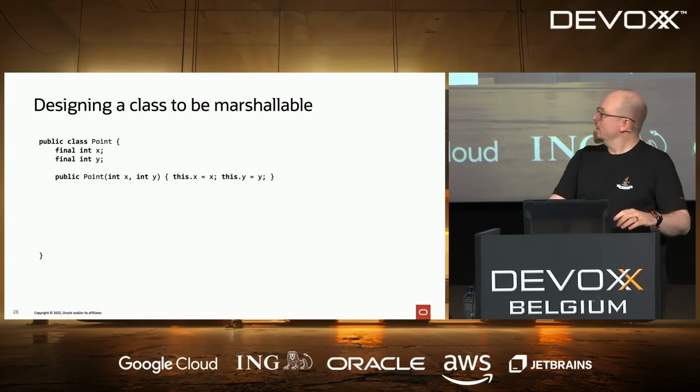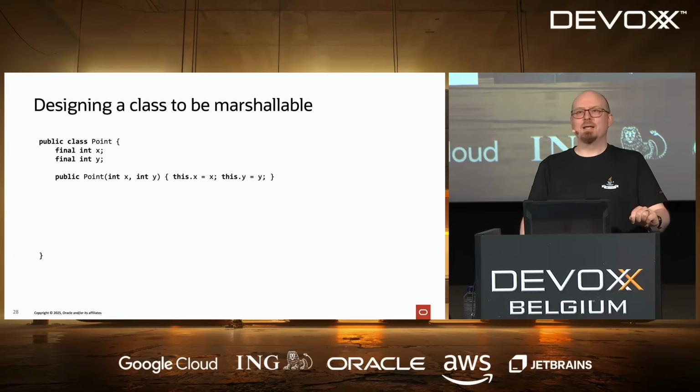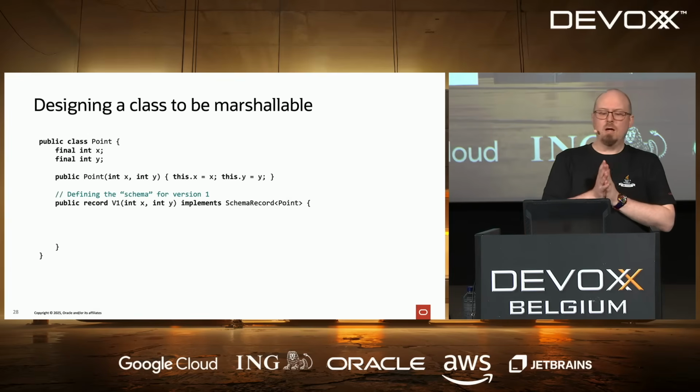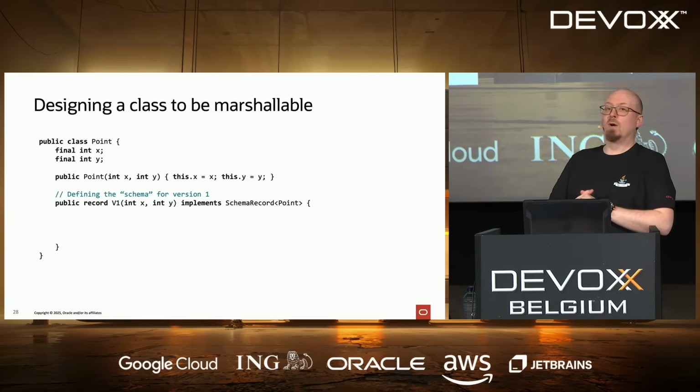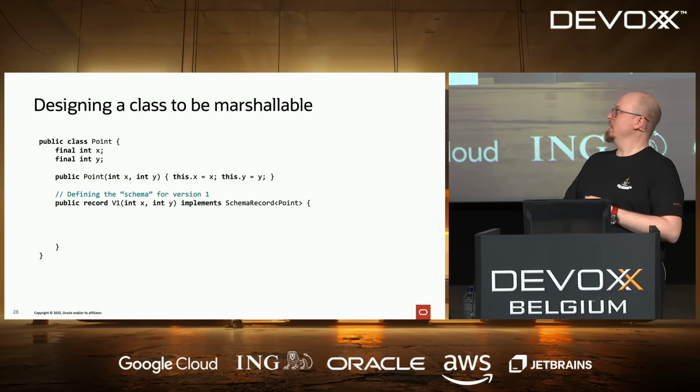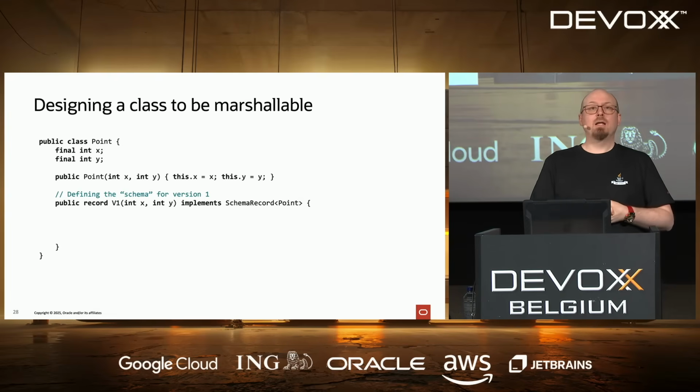So this is trying to project the point as a class instead of a record, omitting a lot of methods. And imagine that we are declaring a record internally within point. And we could name it v1. Doesn't really matter. v1 is a good name, I think. And then we say that, oh, this is a structural representation.